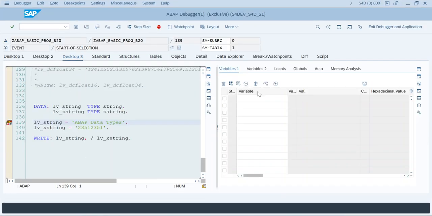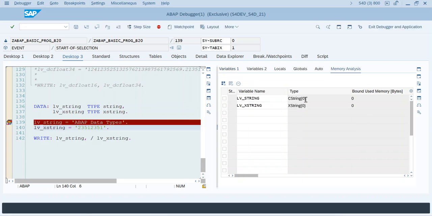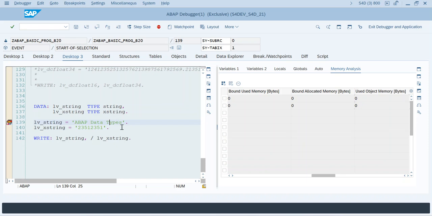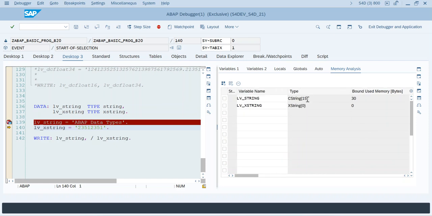So if you go and observe now, there is no memory allocated. You see 0. The moment you store the data, you see, I execute this line, the moment I store the data, it's allocating the memory.